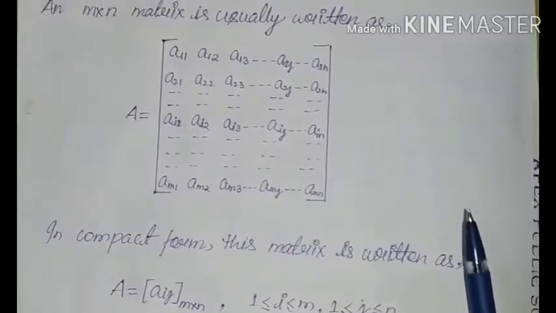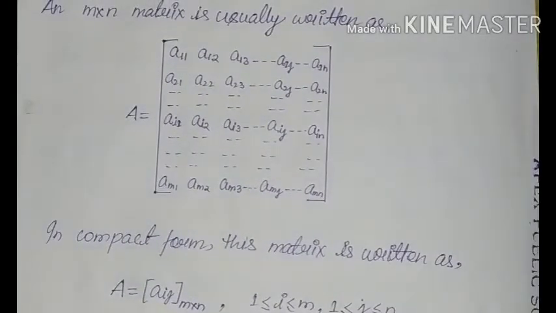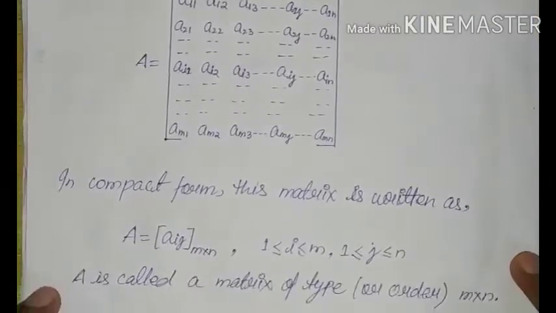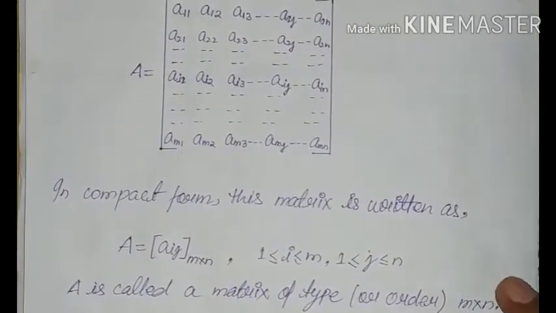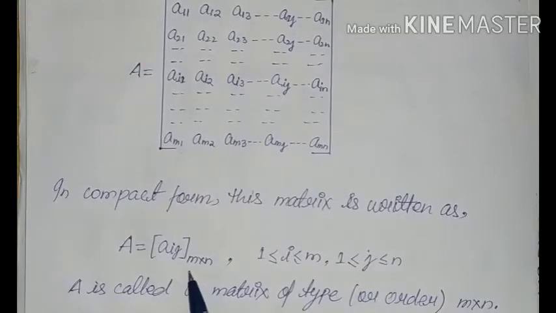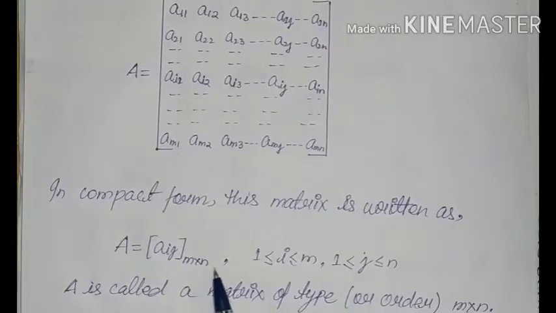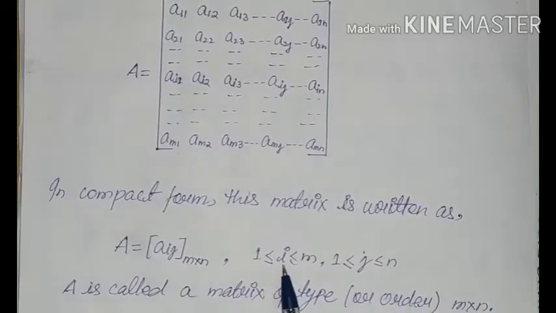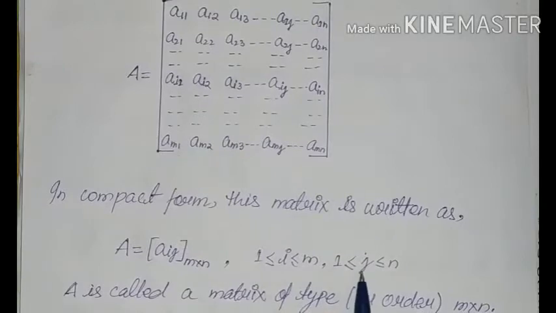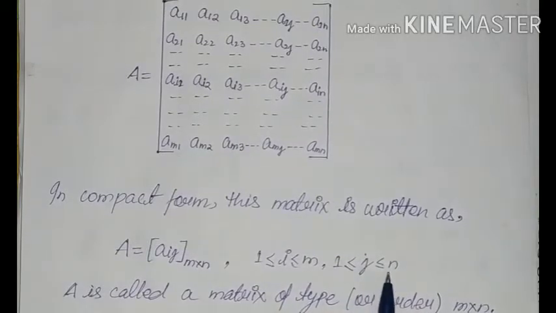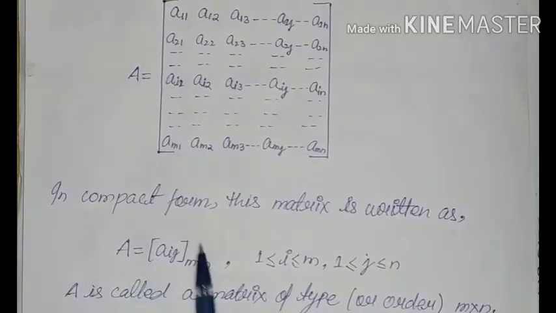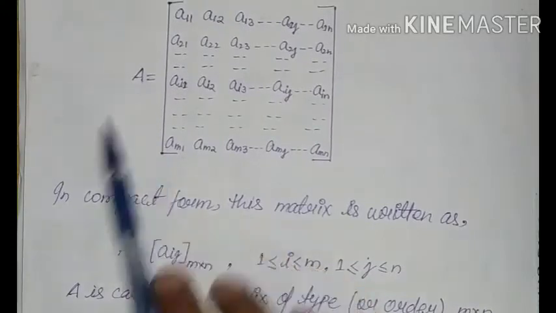In a compact form, this matrix is written as A equals Aij, of order m by n, means m rows and n columns. Here i varies from 1 to m and j varies from 1 to n, and this is a compact form of a matrix.